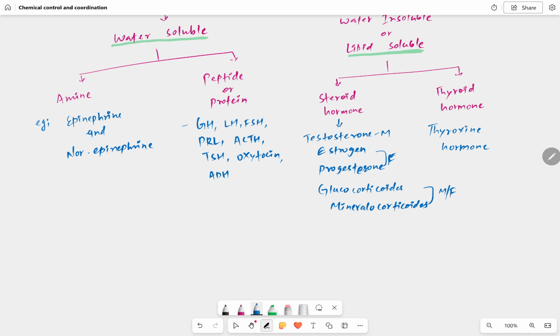Other remaining hormones will also fall in this category. So remember that the amine derivative hormone is epinephrine, and the thyroid hormone, which is lipid soluble, is thyroxine. There are five steroid hormones: testosterone, estrogen, progesterone, glucocorticoids and mineralocorticoids. The rest of the hormones are of peptide or protein nature.